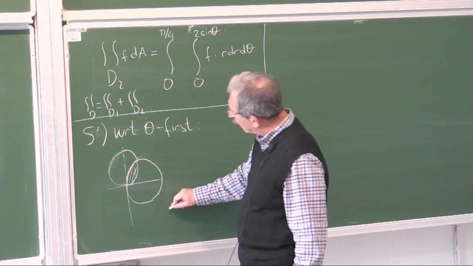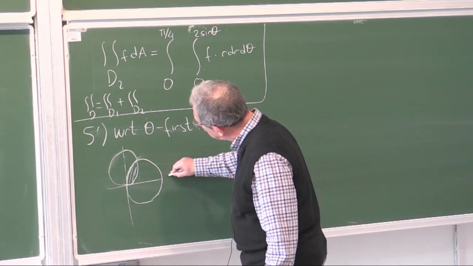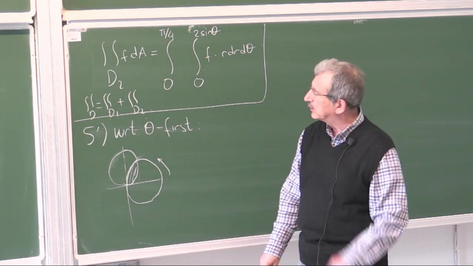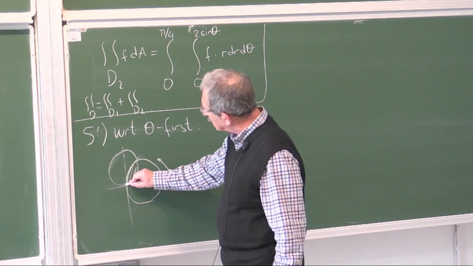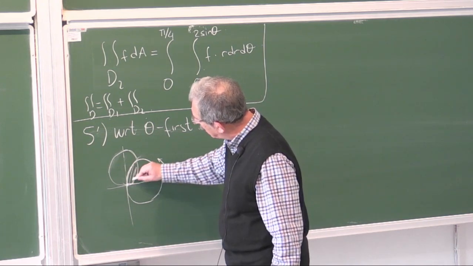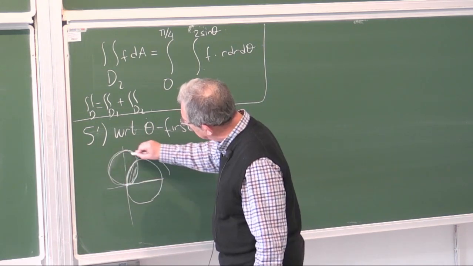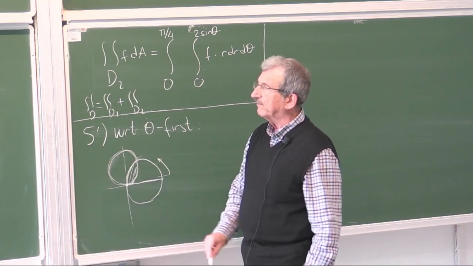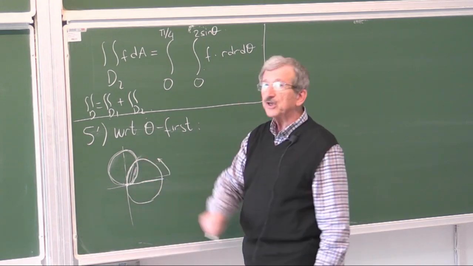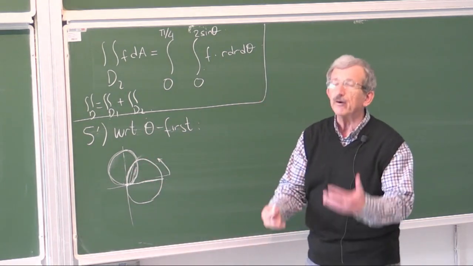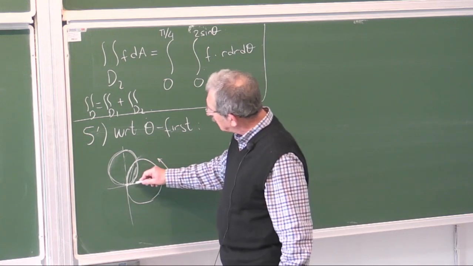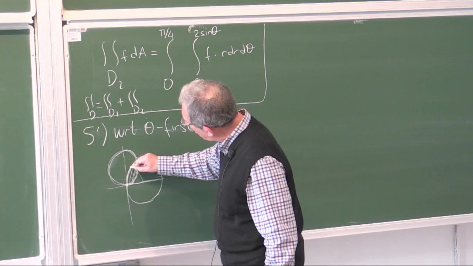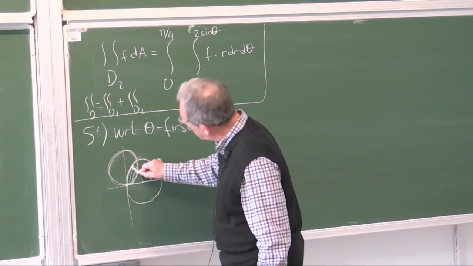Now, if we move in the increasing theta direction, counterclockwise, of course, we start from the x-axis, and because this circle is tangent to the x-axis, when we increase theta from 0 to something, we are immediately inside. Even when theta is 0, we are inside. That means we start from this curve and go up to this outer curve.